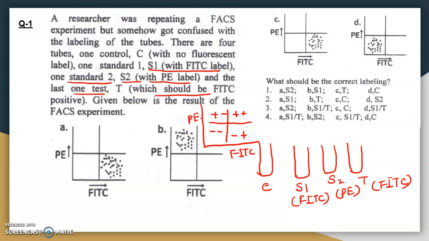So now you can see the options. First look at option A. This is FITC, and these are one negative and one positive.